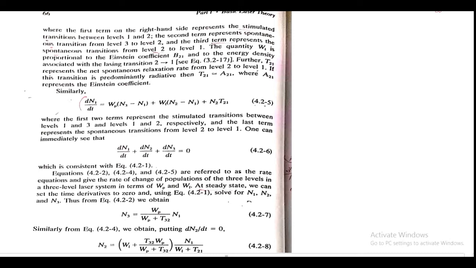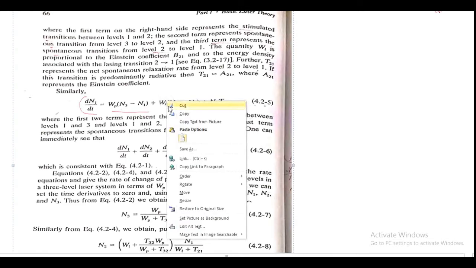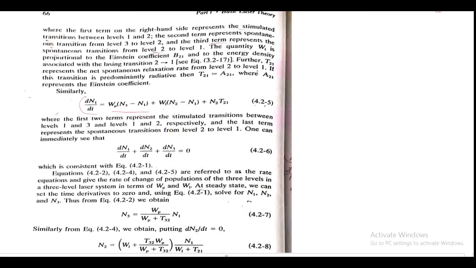Similarly, we can write dN1/dt equals Wp (N3 minus N1) plus Wi (N2 minus N1) plus N2 T21.